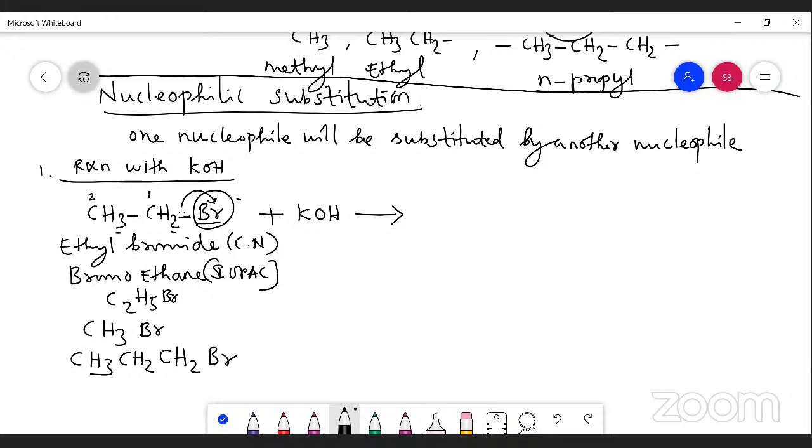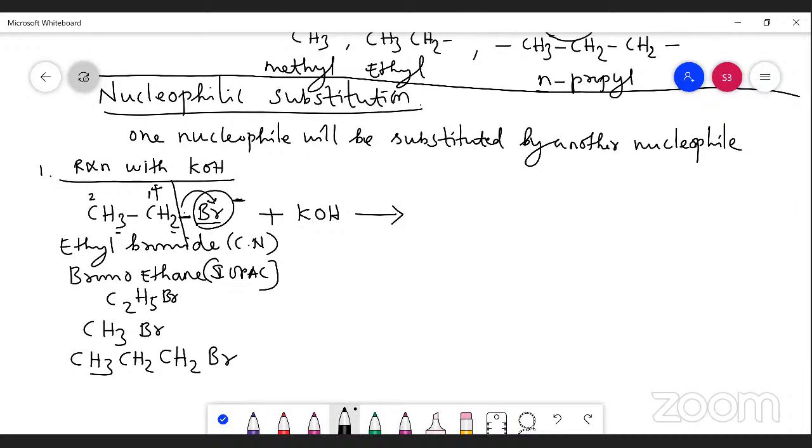Then this is CH3CH2 plus. Students, catch this point: whenever polarization occurs, the compound is cleaved into two, one positive and one negative. Positive we can say electrophile, negative we can say nucleophile.